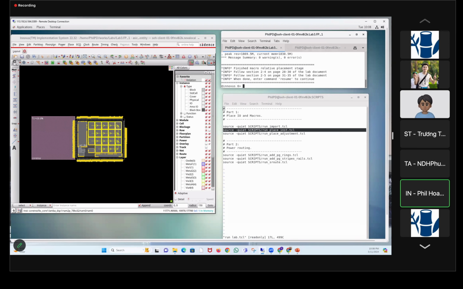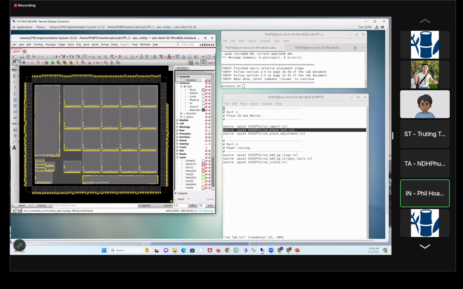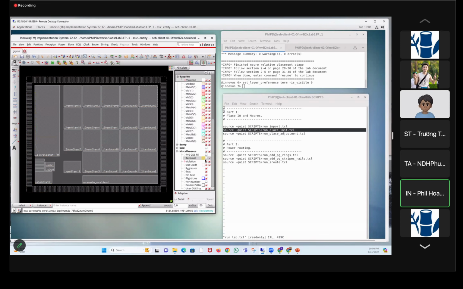So you place the instances, then you go into the layout view, and you're going to see this view. All the macros are already placed. And over here, you want to turn off this annoying terminal. When you turn it off, you see what you want to see. Then you run the placement adjustment.